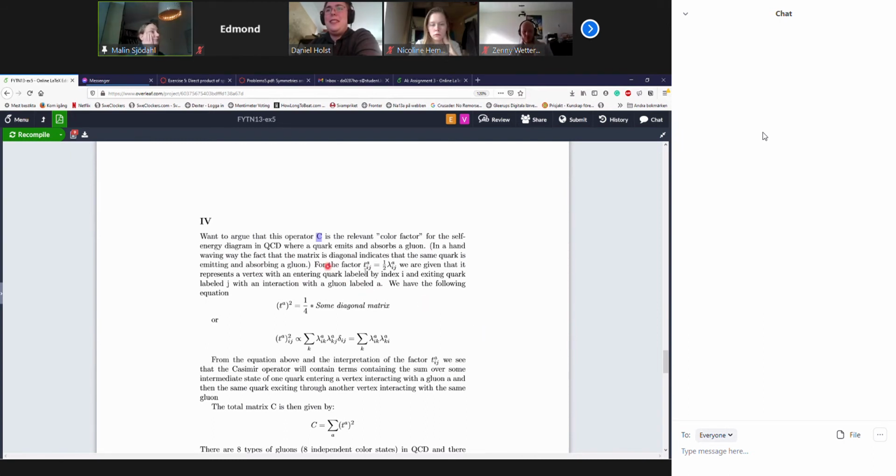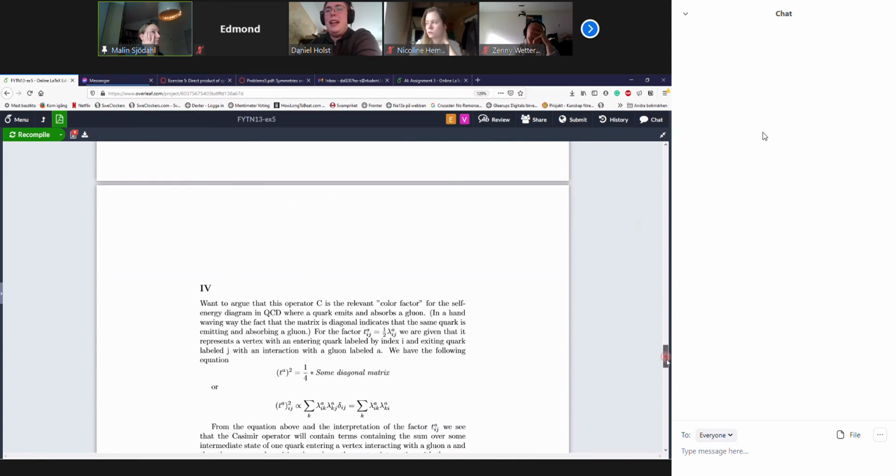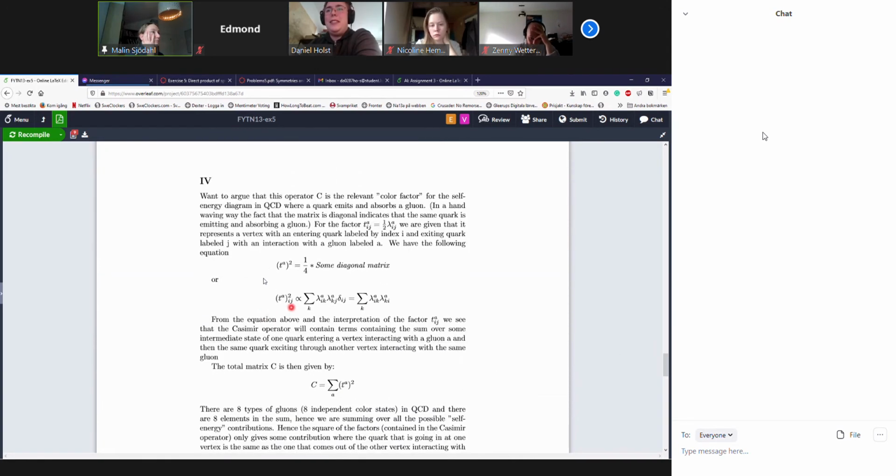Yeah. So we have this factor Tij, and we know from the previous exercise that when we square this and add them up, we get something diagonal. Every component there is a diagonal matrix, so the square of this is some diagonal matrix. Then we look at the indices. We have the square of this Tij, which is proportional to this, contracting over k. I've inserted a delta function just to indicate that it's diagonal, but it's not really correct to write it like this.